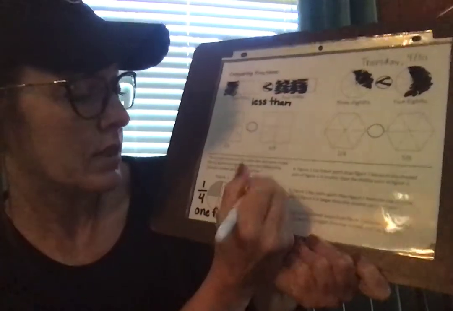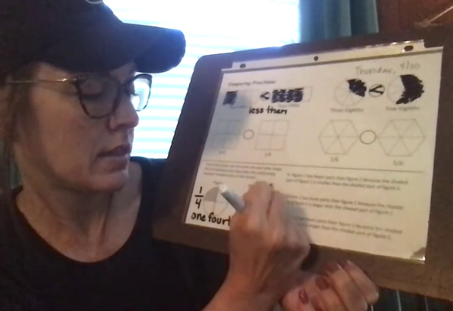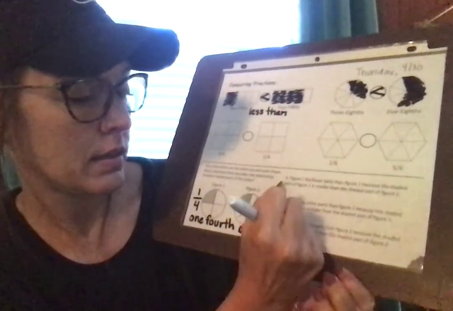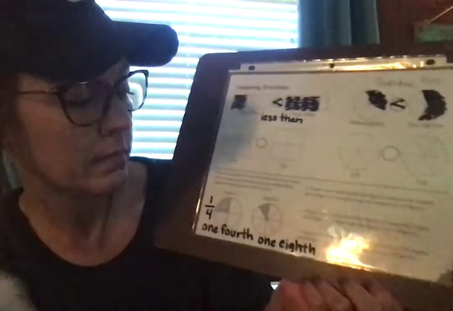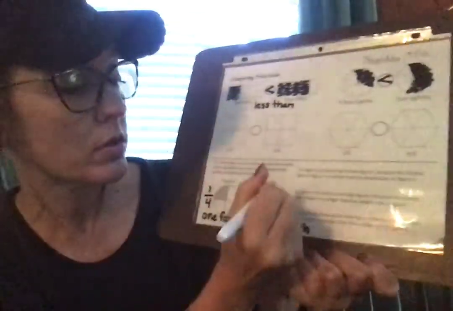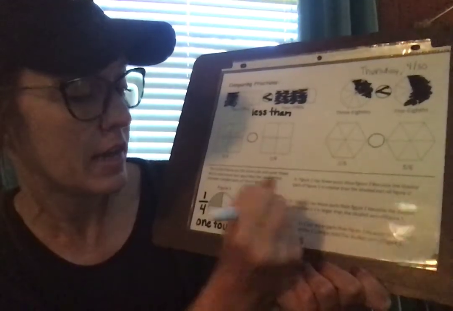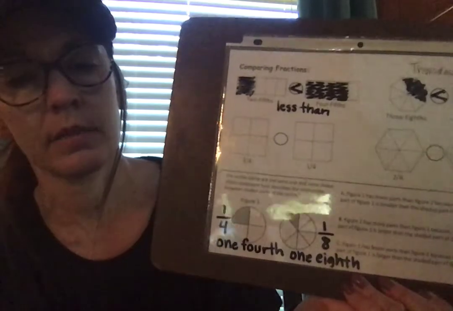So a good name for this part is 1/8. And if I were writing it in fractional form, in number form, I would write it like this. 1 out of 8 are shaded, 1/8.